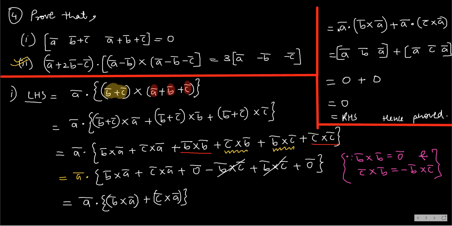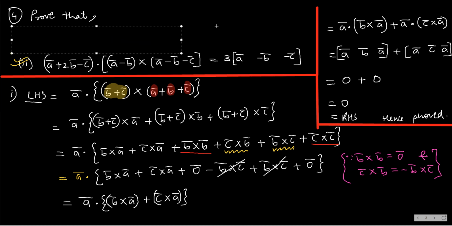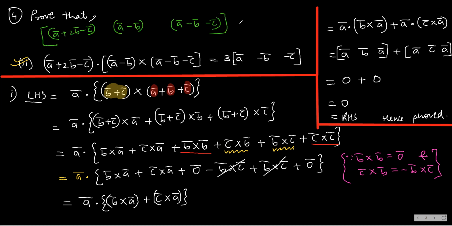So if you want to write the second question like the first question, then the left hand side would be inside the box: a bar plus 2b bar minus c bar, then a bar minus b bar, and a bar minus b bar minus c bar, like this.